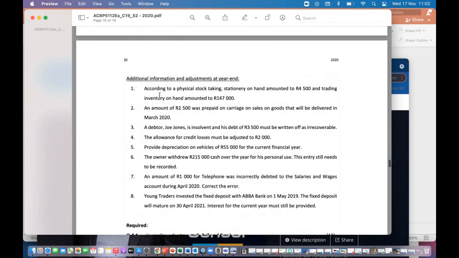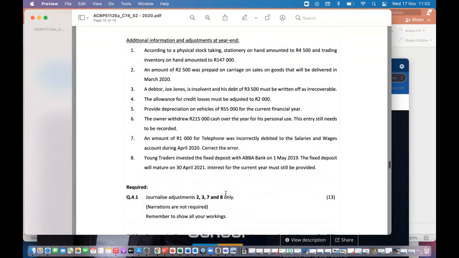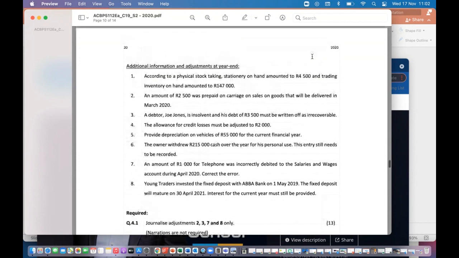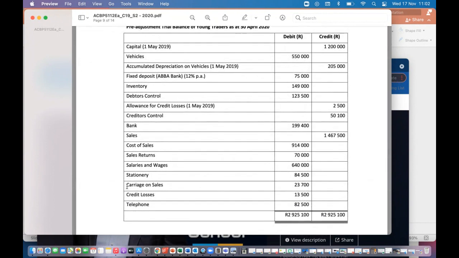Then these are the adjustments according to a physical stock take. So I'm just going to talk about all of them, what needs to happen with them, because who knows what adjustments they're going to ask you to do. According to a physical stock take, stationery on hand amounted to 4,500. So we're asking, how much stationery did we write in our books?